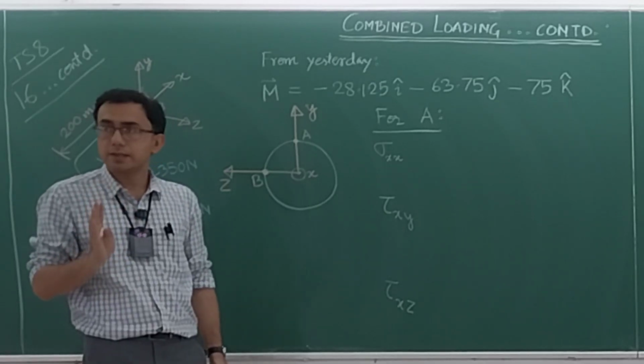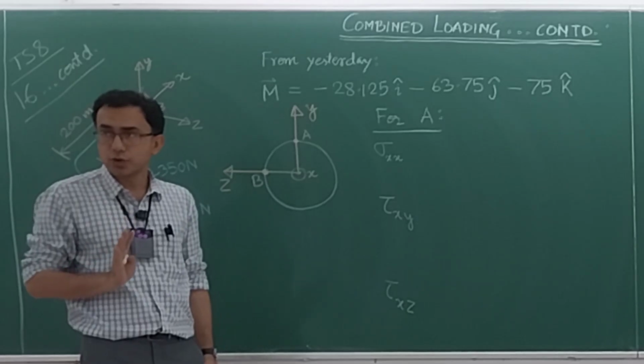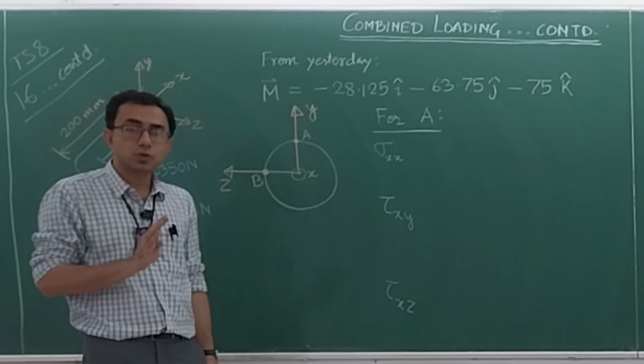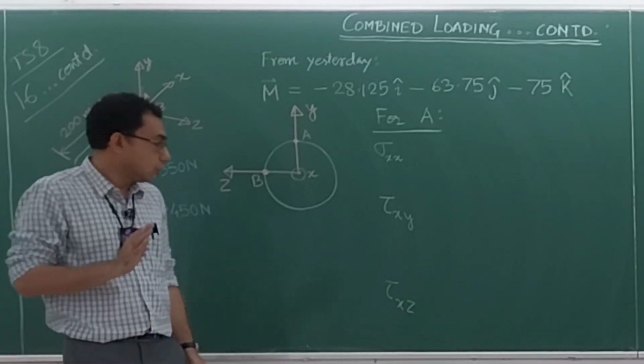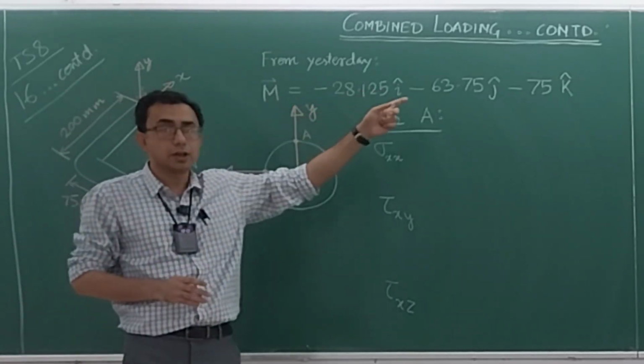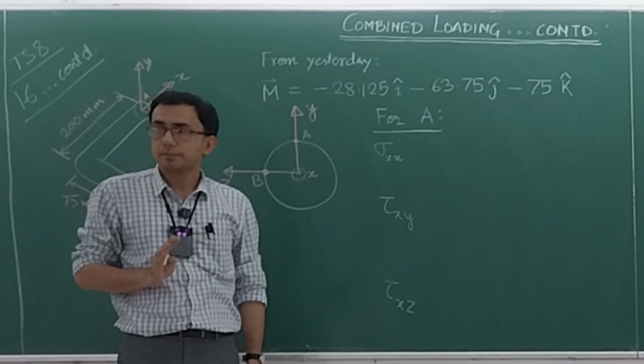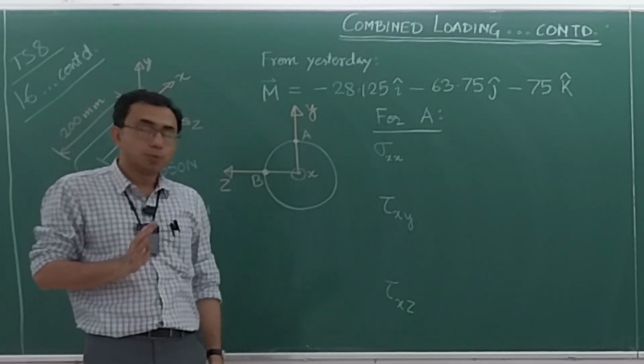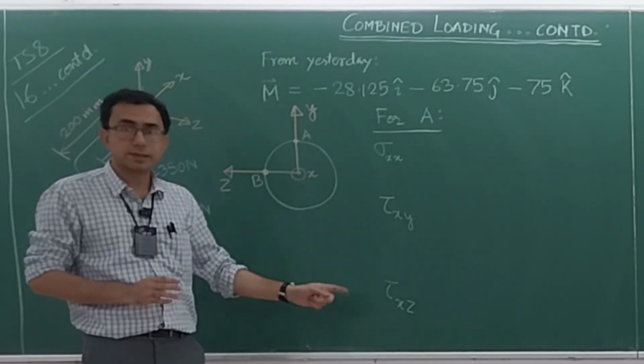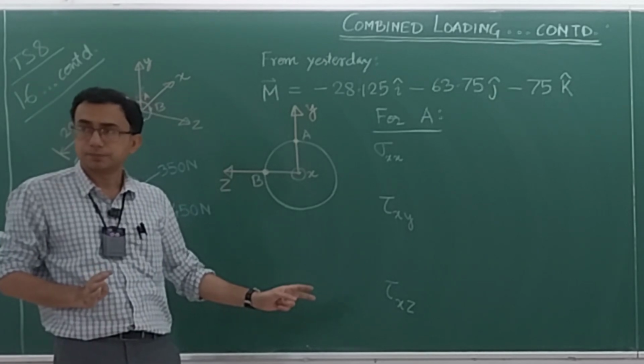So, TR by J and VQ by IT. The game is to understand clearly which of the components will contribute to what, along with the proper sign and sense. For all three things, the sign and the sense are very important.